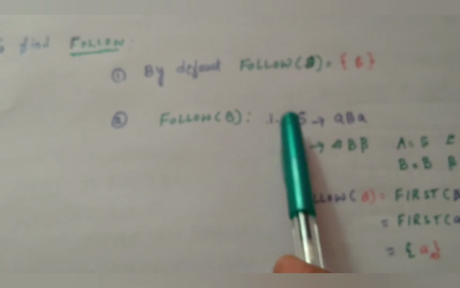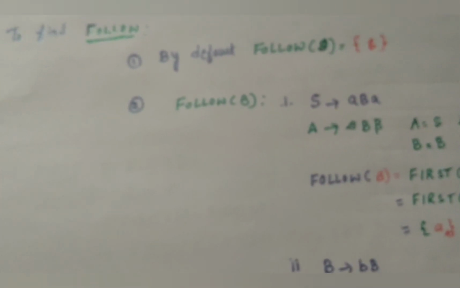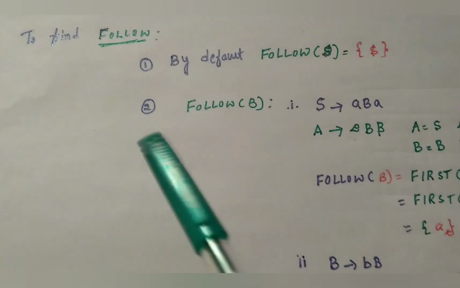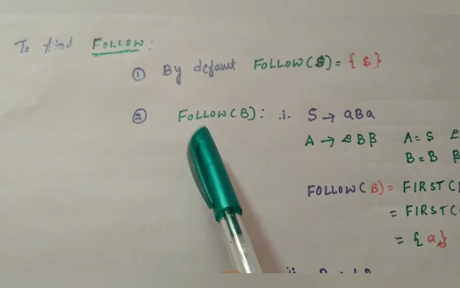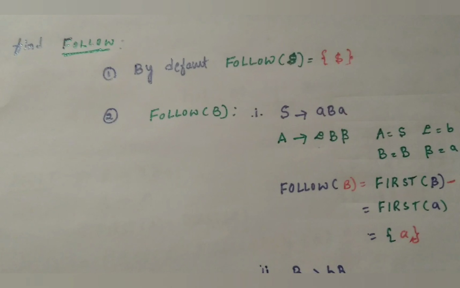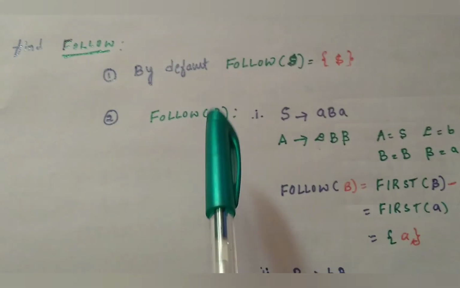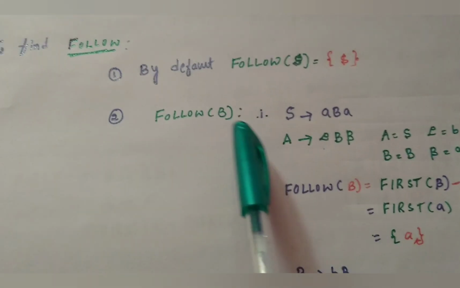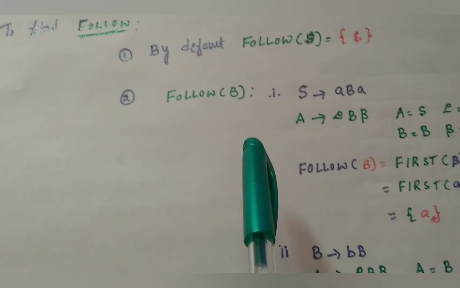And the follow of B is nothing but I need to look at the productions where I have B on the right hand side. So S tends to BB, S tends to ABA, that is A tends to alpha B beta.